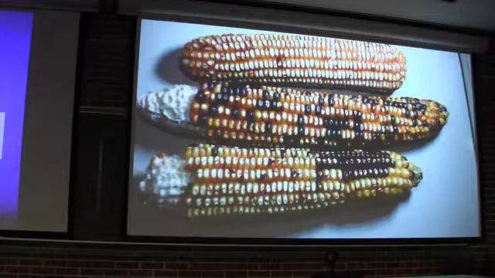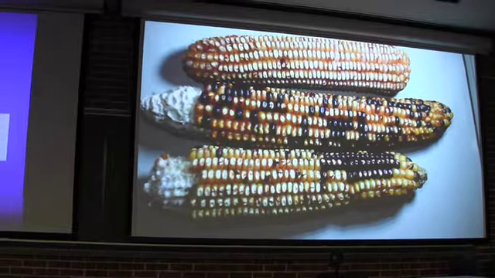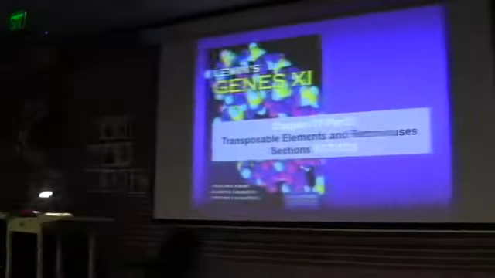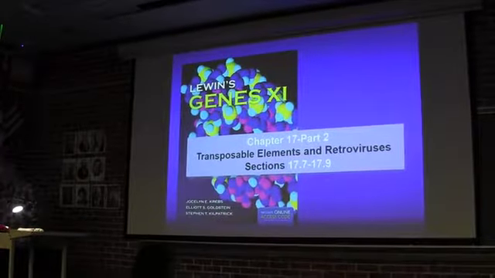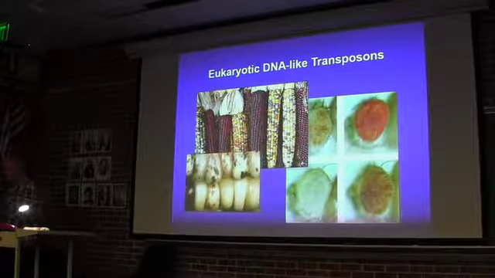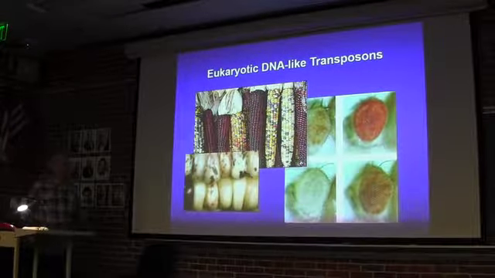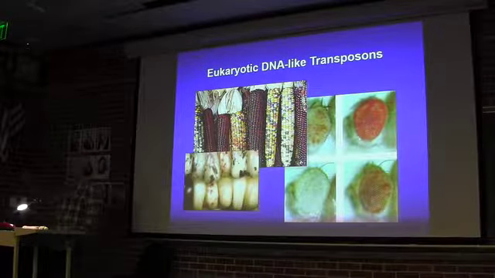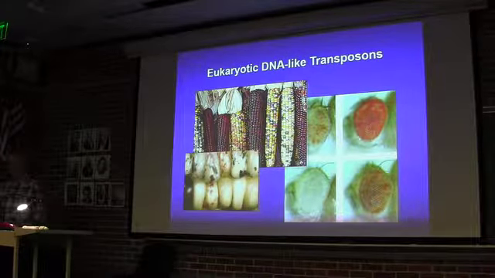Okay, transposable elements in eukaryotes. These still have the original blue background, so for the next couple of days I'll be taking the blue out, removing all the shadows, so it'll be easier to print these. Eukaryotes have the same classes of transposons bacteria do in terms of replicative, non-replicative, DNA-based transposons.